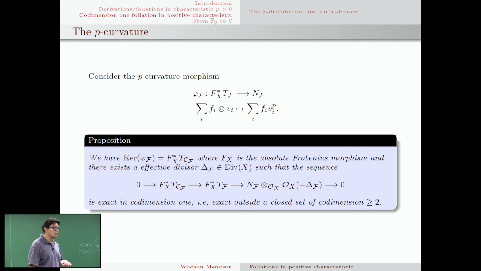Locally, you take a one-form omega defining the foliation, and you take a vector field transverse to this distribution D_CF but tangent to the foliation. Now you just contract omega with the p power of this vector field. You get the equation for delta F. That's what this equation says: delta F is the contraction of omega with the p power of a vector field transverse to D_CF.